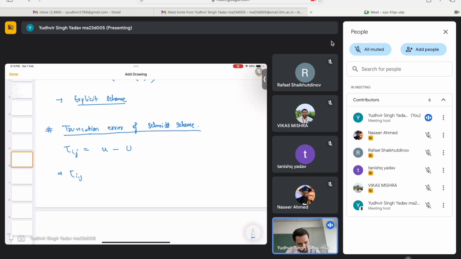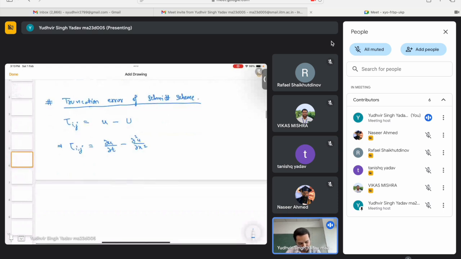So our PDE for the heat equation is del U by del T minus del 2U by del x square. We will take the left hand side to the right hand side and we will expand. First, we will write its scheme. What is the explicit scheme?